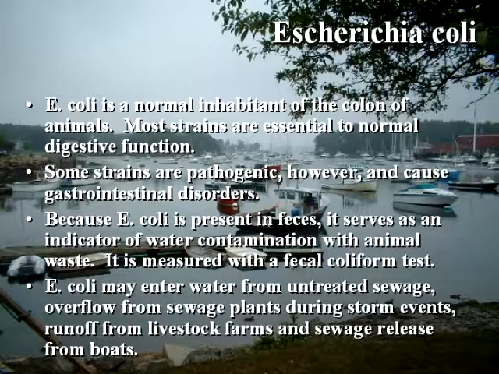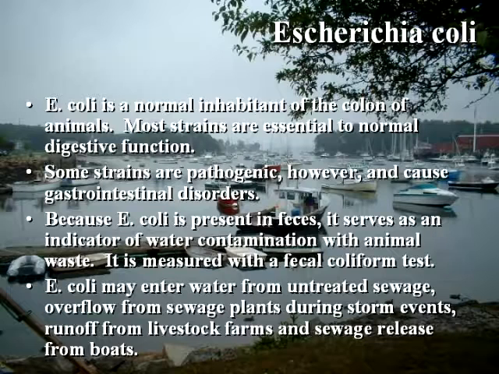Without E. coli, our digestive process doesn't work as well as it does with it. Now, some of the strains of E. coli are pathogenic, however, and these can lead to a variety of different kinds of gastrointestinal disorders if you become exposed to them.